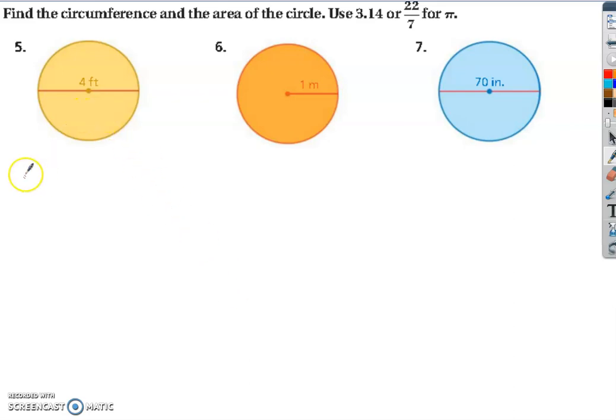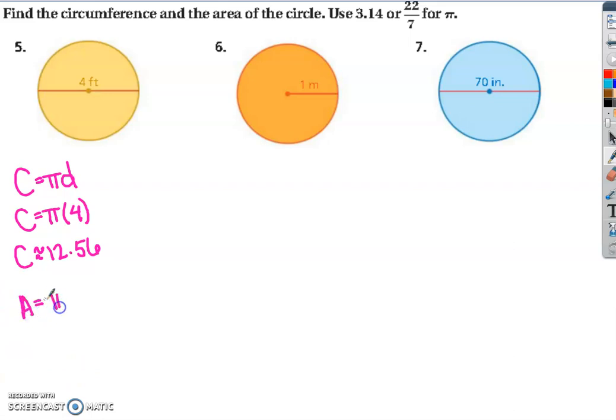So find the circumference. C is equal to pi d. I'll give you the formula, I promise. Substitute in the diameter, which they gave us in this case, and estimate that value of pi. 3.14 times 4 is 12.56. Also the area.